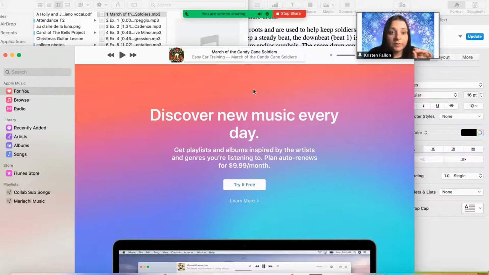And let's listen to the very first thing we hear. Listen out for that very first instrument.